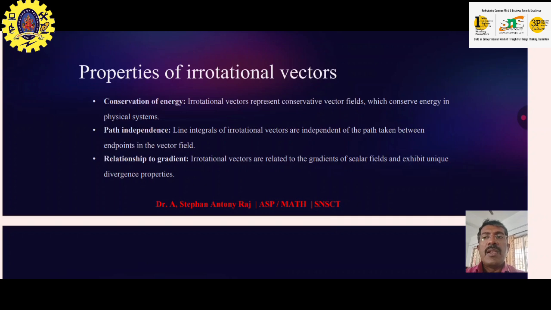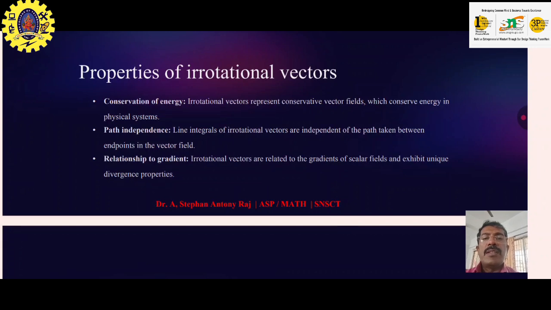Irrotational vectors represent conservative vector fields, which conserve energy in physical systems, and path independence. We can use integration as a tool: line integrals of irrotational vectors are independent of the path taken between two points in the vector field.